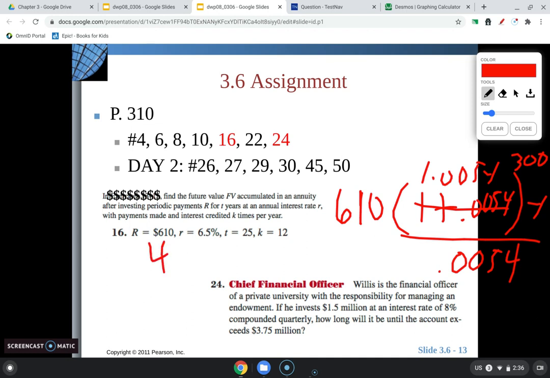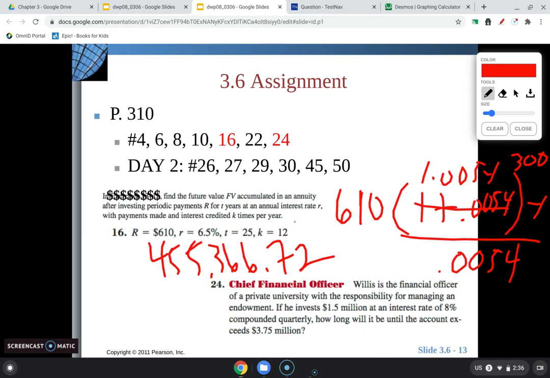So that means $455,366.72 if you had a future value like that. Okay. So that means if you put 610 in and you got 6.5% interest for 25 years, compounding every month, that's how much money you'd have.